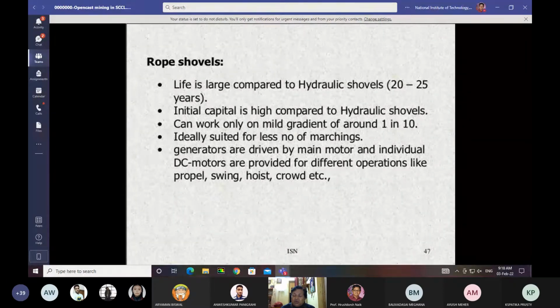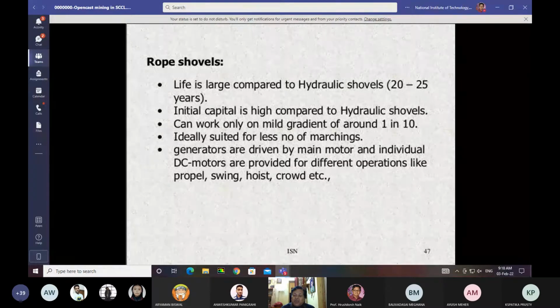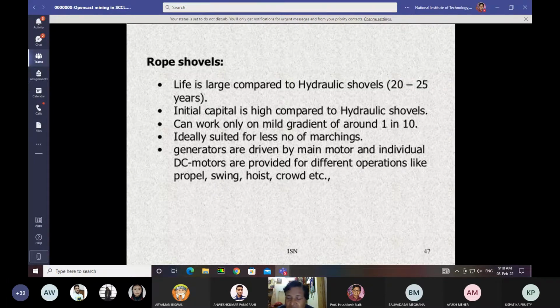When you are going to spend so much money, unless you get the return, the life of the mine should be more, and the availability of material or mineral should be more. Then only you can go for electrically operated shovels. Similarly, electricity also should be available at the site where you are going to operate your mine. Then only the electrically driven shovels can be purchased. Otherwise, you have to go for diesel operated shovel machines. I think it is clear to you.